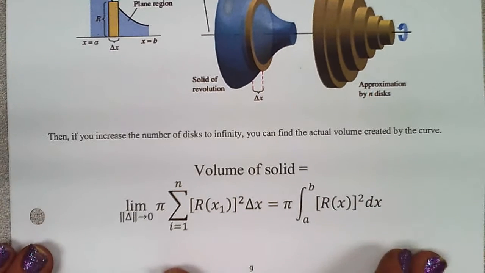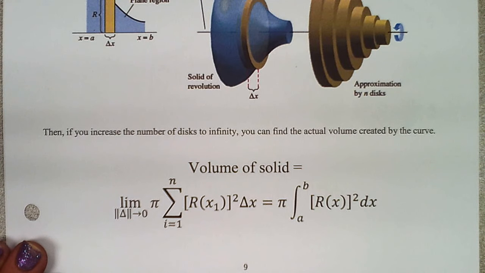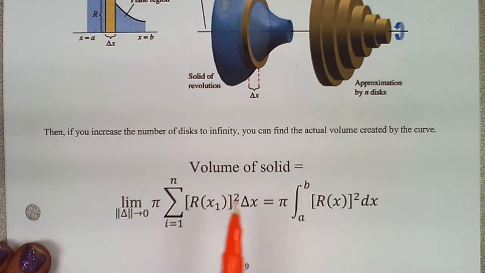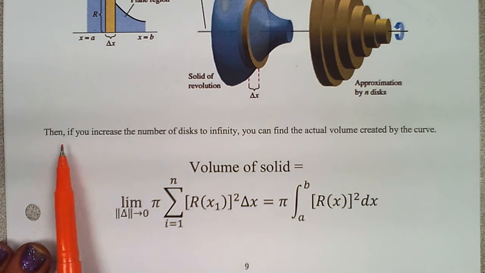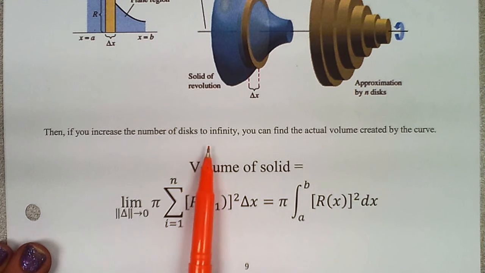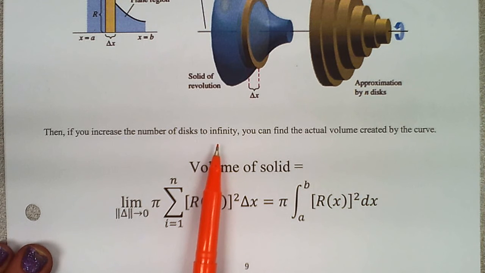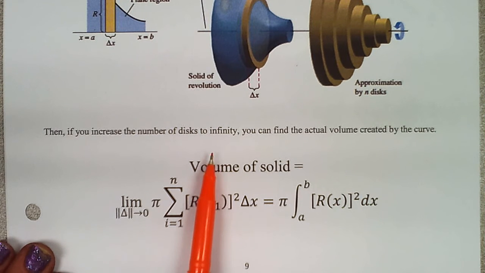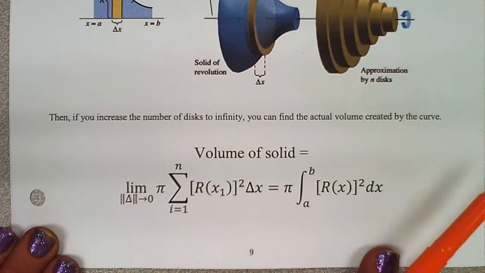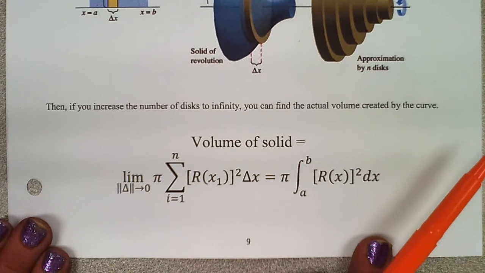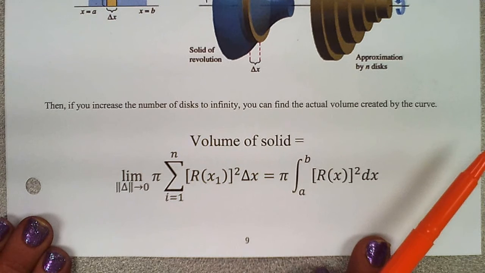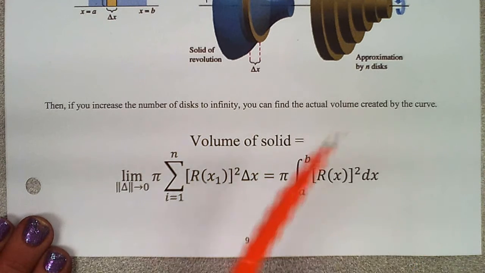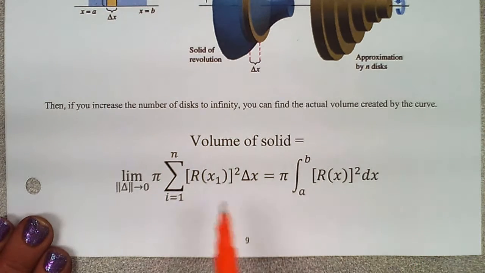So then, kind of like we did whenever we were talking about area under a curve, when we first started our integration, our limits and our summation things, we said that if we were to increase the number of disks to infinity, then we would find the actual volume created by the curve. So just like whenever we were doing our rectangles underneath a curve to find the area, and we increased the number of them until it was an infinite number, which fit underneath the curve exactly, now we're doing the same sort of thing, but with volume.